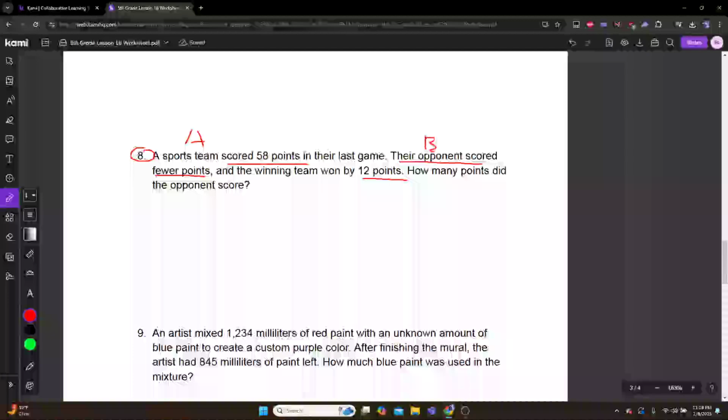And the winning team, team A, won by 12 points. So we're trying to find the amount of points that team B had, the opponent's score. And since they won by 12 points, we could just subtract 12 from 58 to see how many points the opponents had. So since they won by 12, the opponents had 46 points.